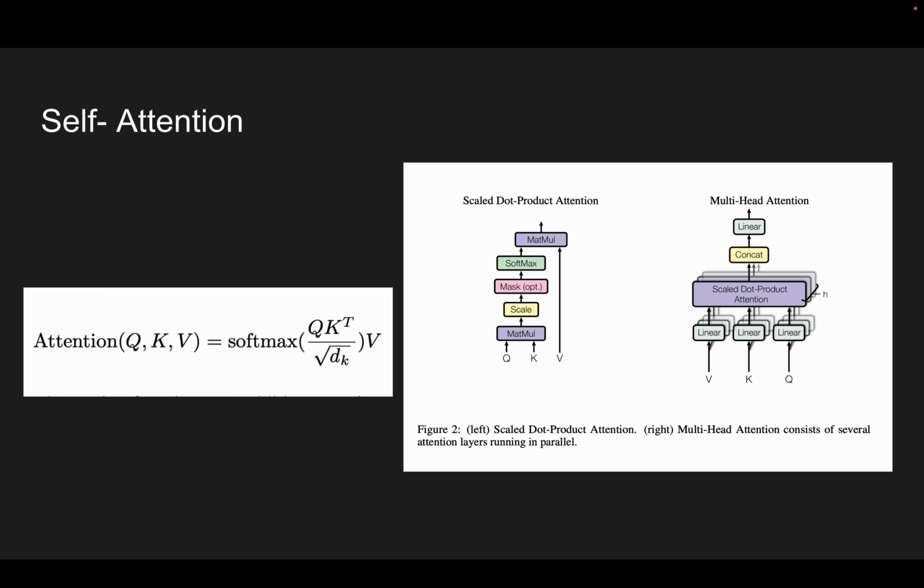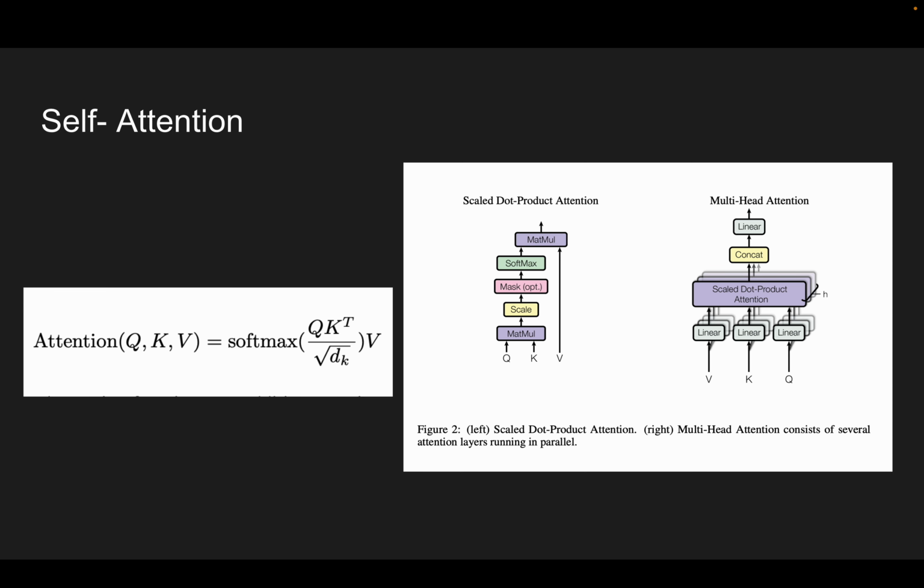So we're going to start with looking at self-attention. Self-attention is what allows the transformer to efficiently process sequences by allowing each token to focus on other relevant tokens in the sequence, regardless of their position. So every token in the sequence is mapped to three vectors: a query vector, a key vector, and a value vector.